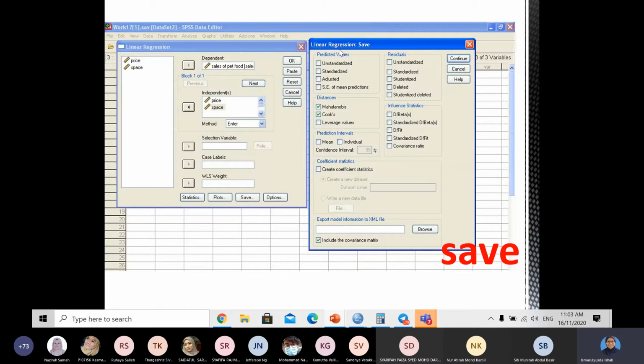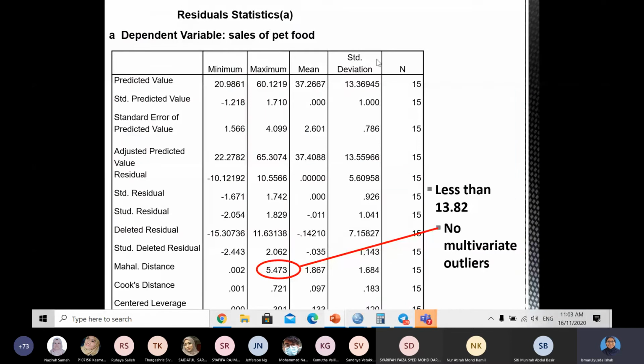Okay, Save. This is what you need to click: Mahalanobis. If you remember multicollinearity, check for Mahalanobis and Cook's. Then continue. This is the result of the Mahalanobis distance.